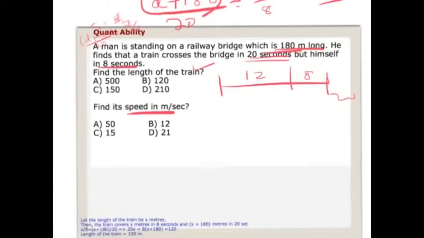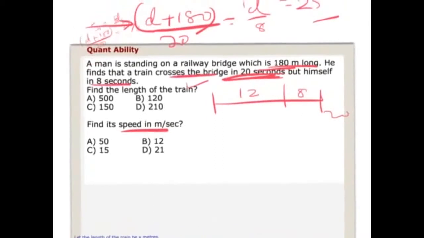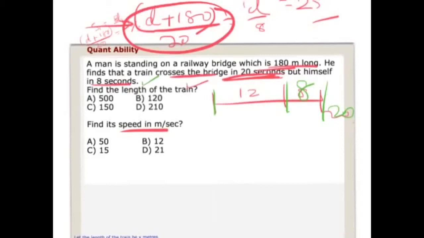The total time taken was 20 seconds to cross the train and the bridge, that is d plus 180. So I am breaking them into two parts. Out of 20 seconds, 8 seconds is taken to overtake the man. The remaining 12 seconds is the time taken to overtake the bridge. So if I divide the distance of the bridge by this time, I'll get my answer.